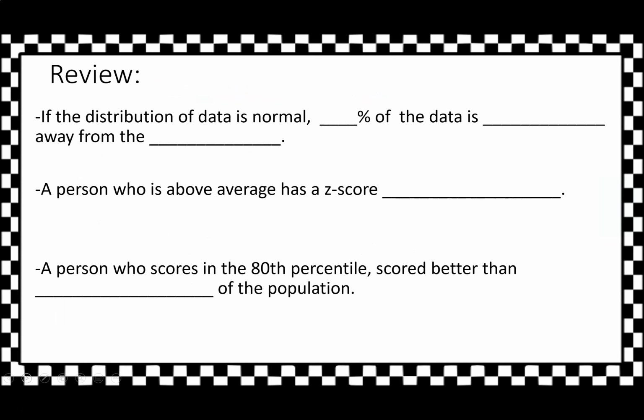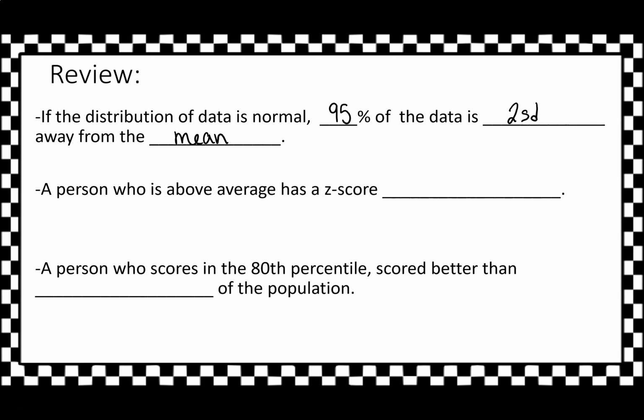All right, now that I'm calmed down, we're just going to do one quick review slide before we move on. All right, if the distribution of data is normal, this is a throwback, what percent of the data is within what from the what? Well, we know that 95% of the data is going to be 2 standard deviations away from the mean.